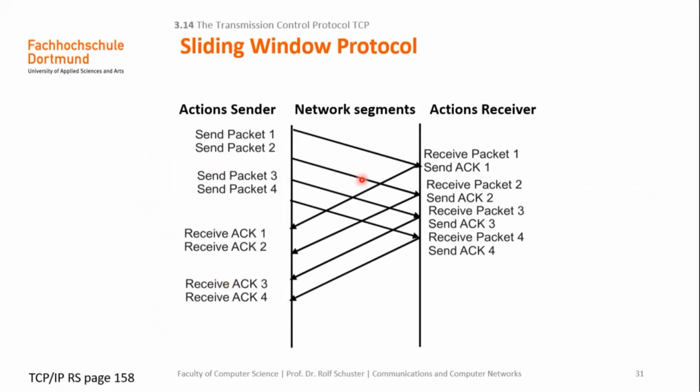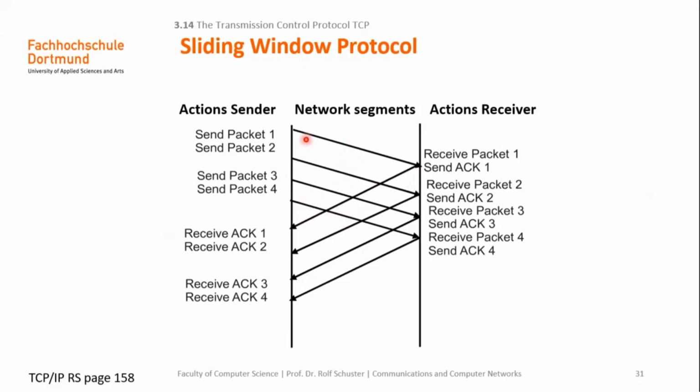And in order to improve the use of the channel bandwidth, we could implement a mechanism of windows, sliding windows, in order to, for instance, continue transmitting data even if the data is not confirmed.